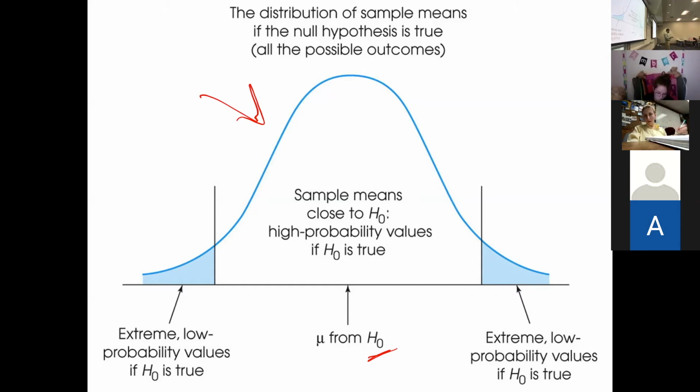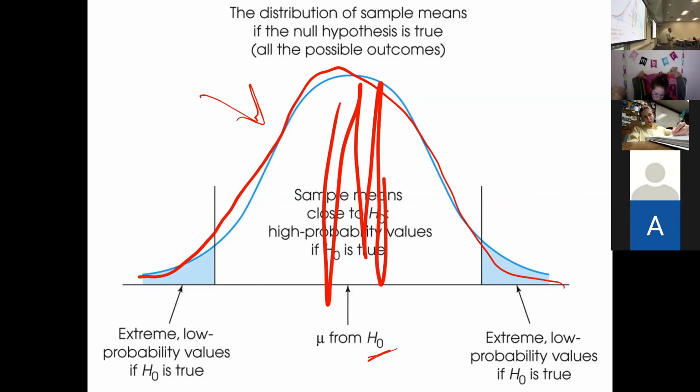But we know within this population distribution, because the height of this distribution at any given point is representative of the frequency, that it's very likely to get something in the middle here. And it's very unlikely to get things out in the tails, right?